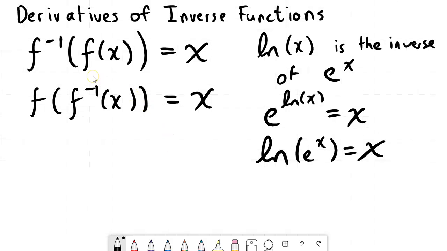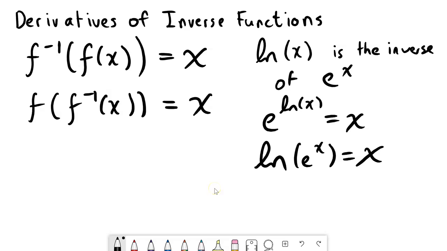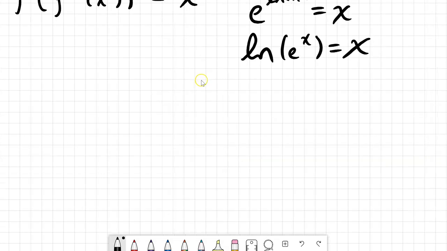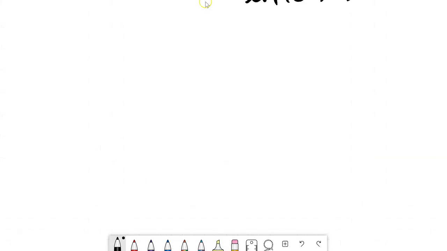So in this lesson, we're actually just going to be focusing on the derivatives of inverse functions, because those are especially essential in calculus classes when we actually find the derivatives of these two functions, and we'll see something very interesting about them soon. So let's go through what the formula of the derivative of inverse functions is.